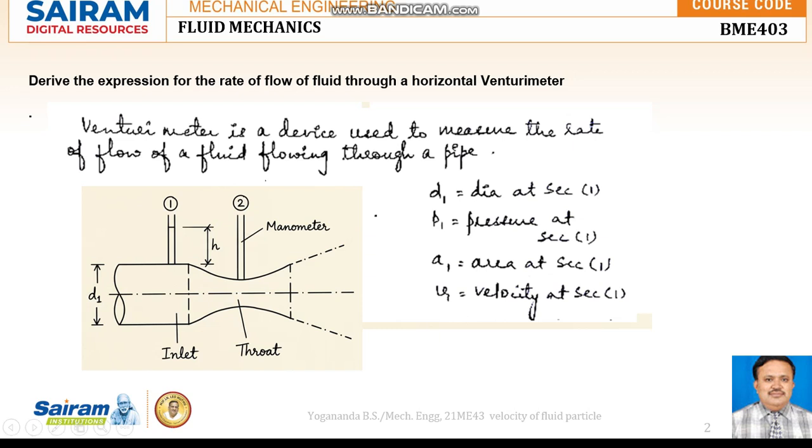We consider a Venturi meter having three parts here: the inlet, throat, and the outlet. So D1 is the diameter at the inlet, that is section 1. P1 is the pressure at section 1. A1 is the area at the inlet, and small v1 is the velocity at section 1.